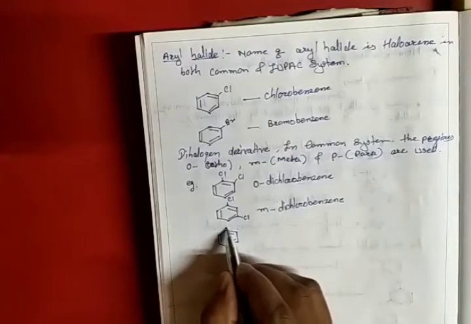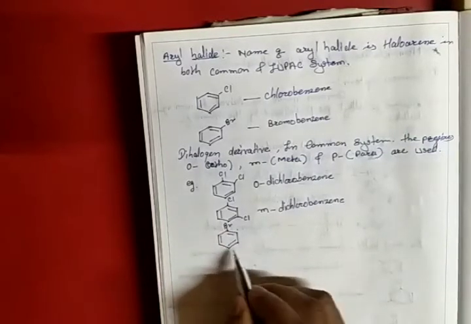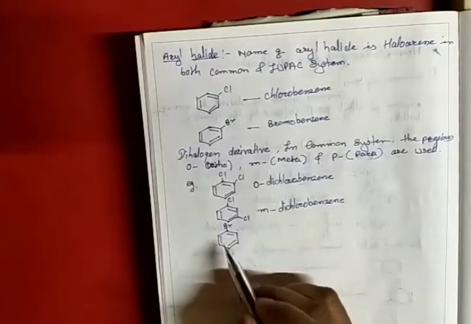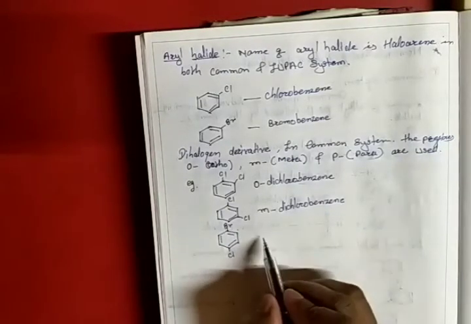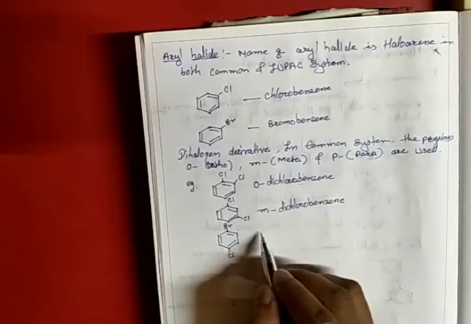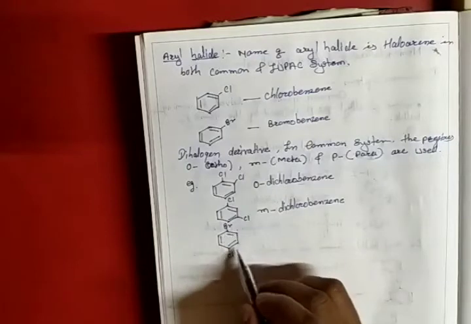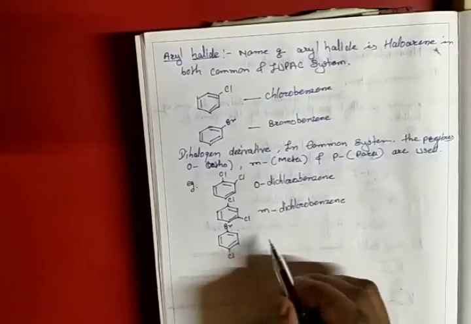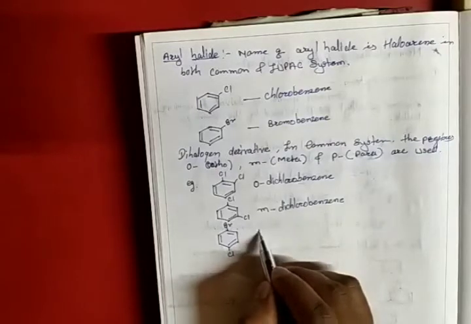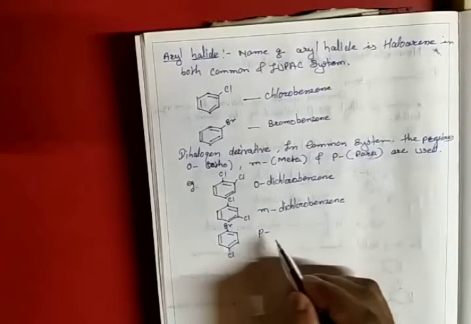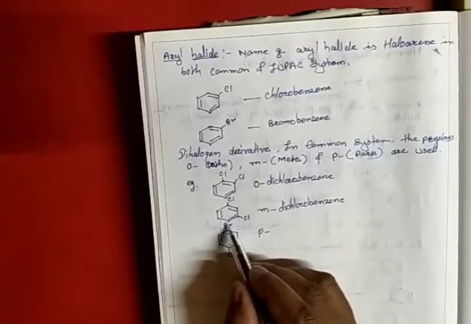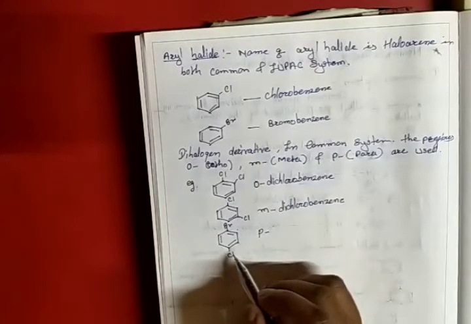One more example: suppose we have bromine here and chlorine here, so two different halogen atoms attached to benzene. This is the 1,4 position, 1, 2, 3, 4, and the 1,4 position is the para position. So para, with two halogen atoms, bromine and chlorine: bromo and chloro.